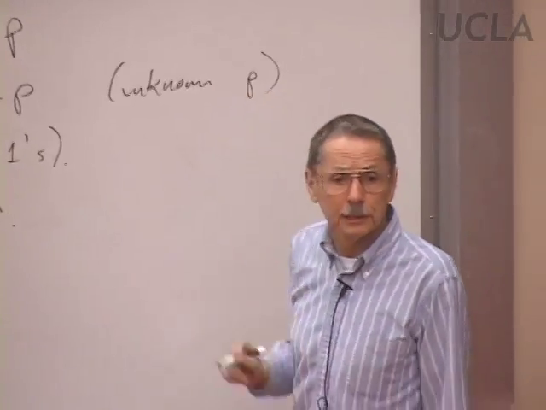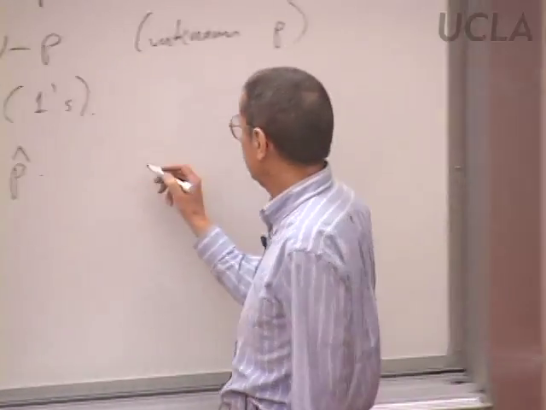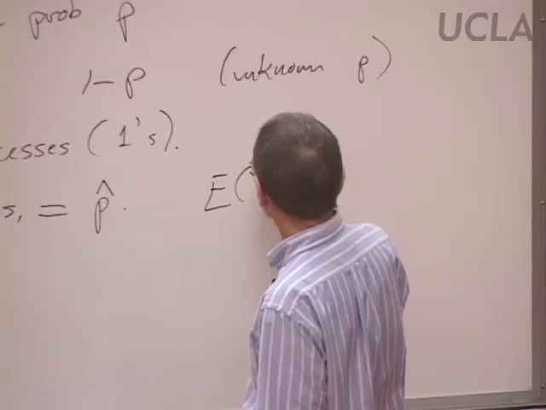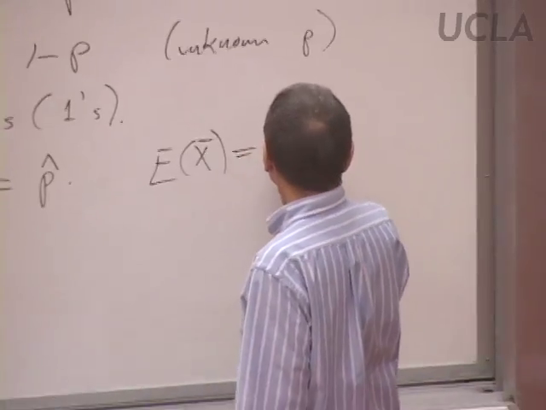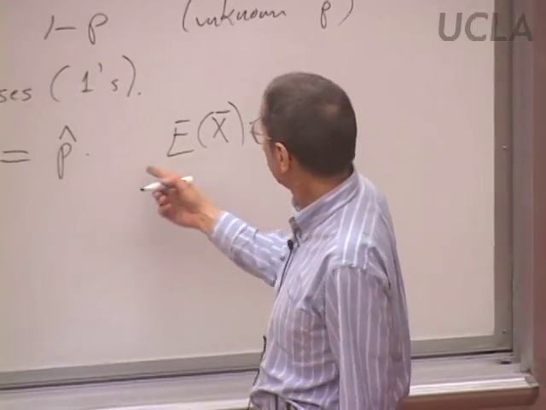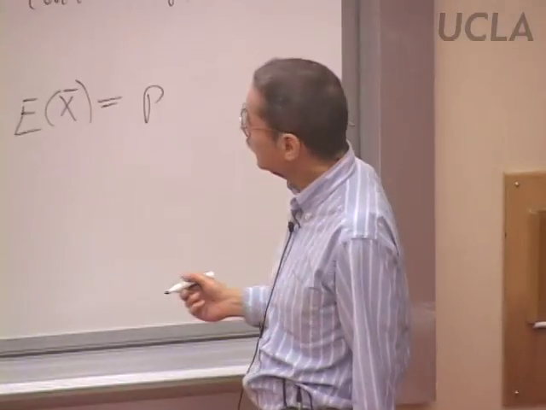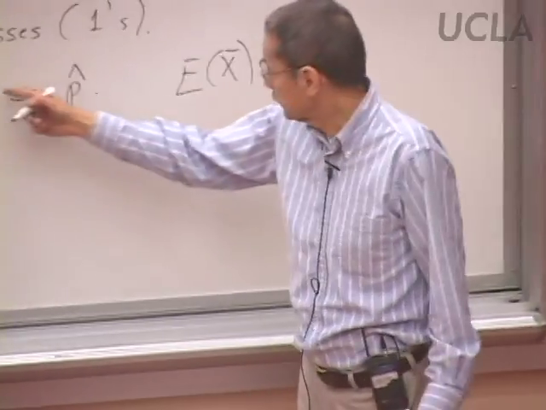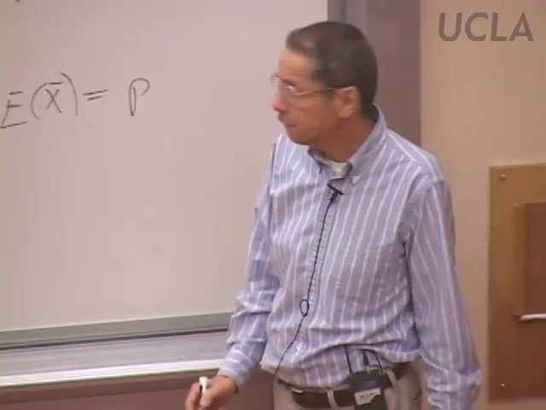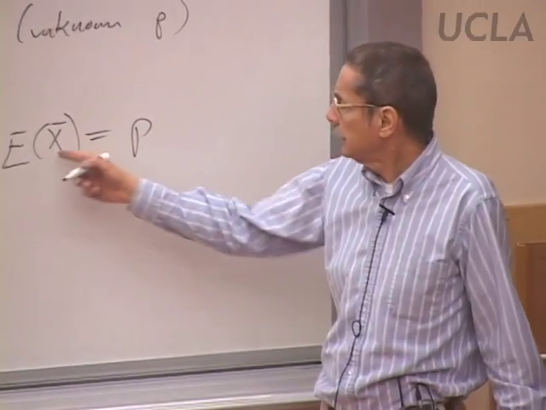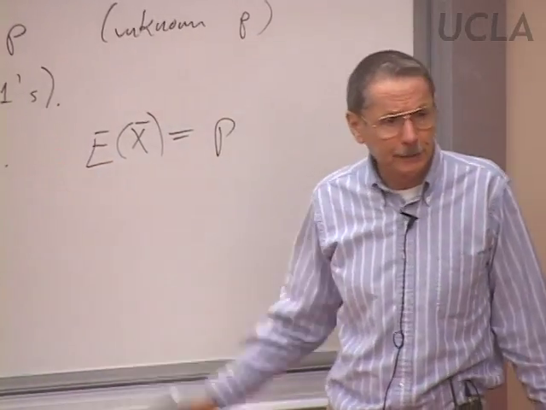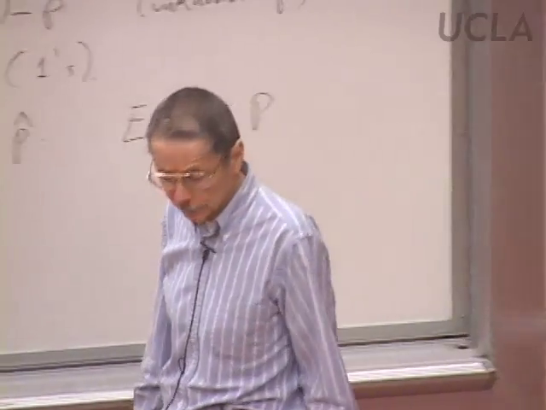It should be close to p, right? We know that the expected value of x bar is p, where x bar is p hat. Yeah, so these should be close, but how close and how confident are we?